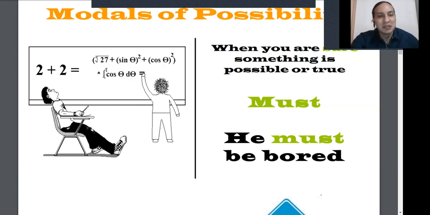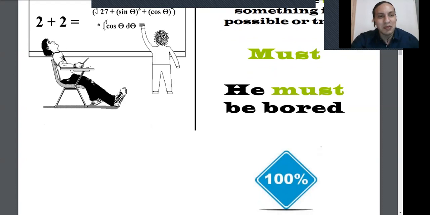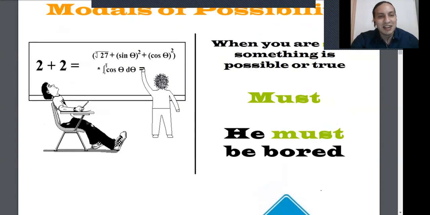So yes, we're talking about the student here. He's obviously not understanding much of the math equations, right? So he must be bored. And also just by the image, you could say he may be asleep, right?